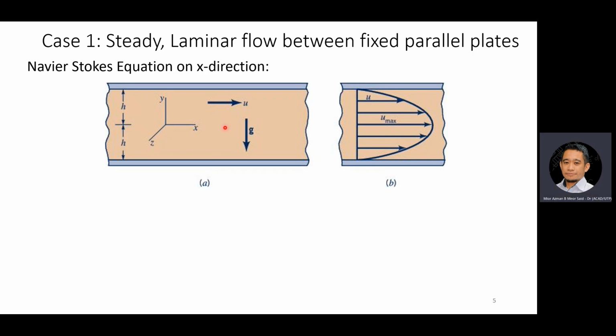So here is the case for steady flow, where u remains the same at any time, and laminar flow, meaning the flow is uniform, not in transition or turbulence, with relatively low velocity.